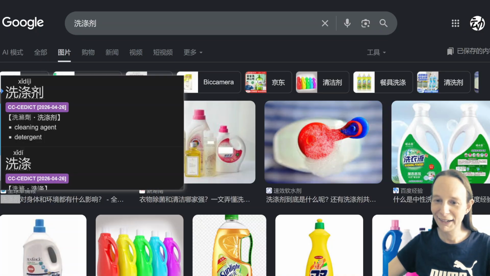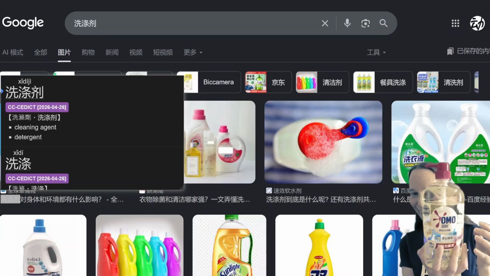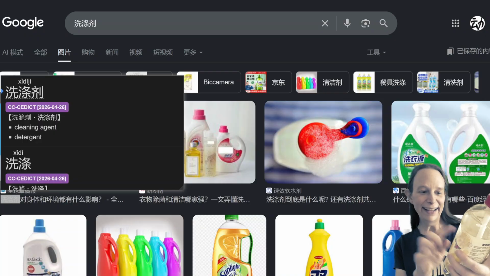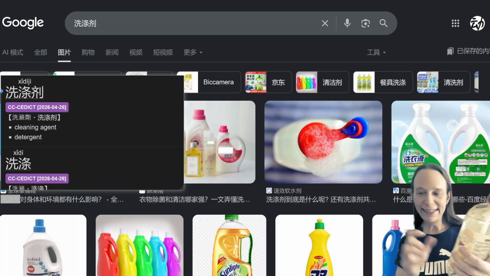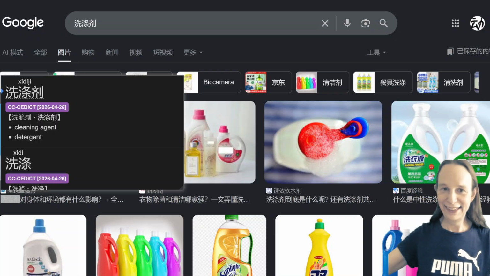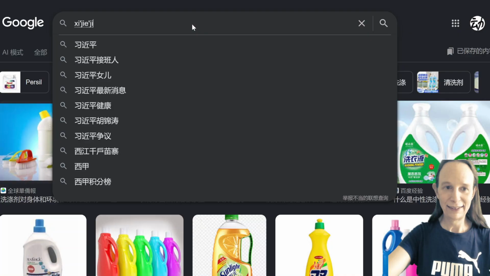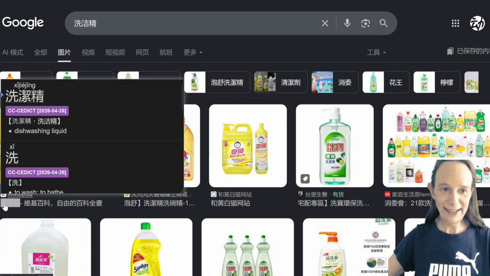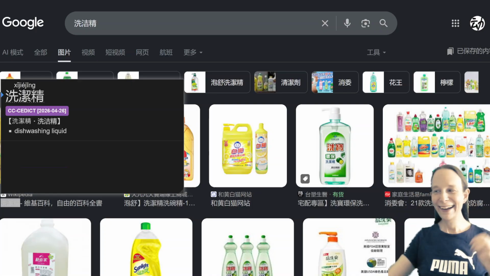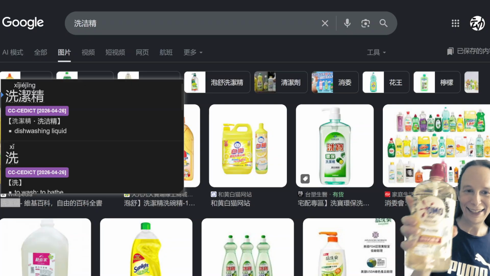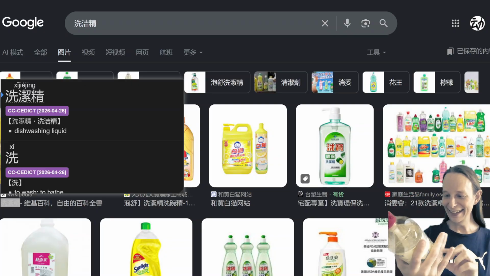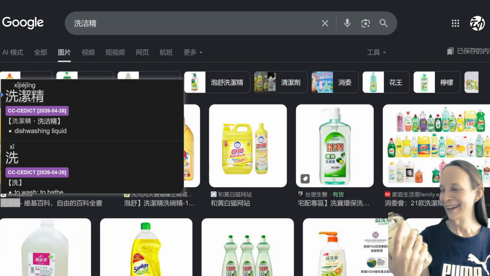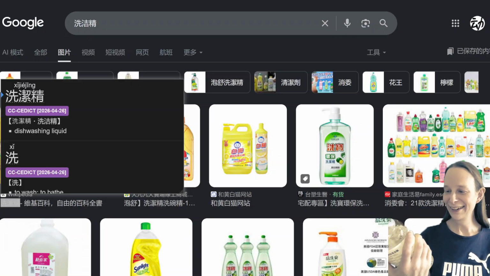Maybe I got the wrong one. Yeah, I got this one. It says 高效那个洗洁精. What is 洗洁精? Oh, okay, I got the right one. Yeah, this is the one I use for my dishes. 洗洁精. There was a chance I got it wrong.